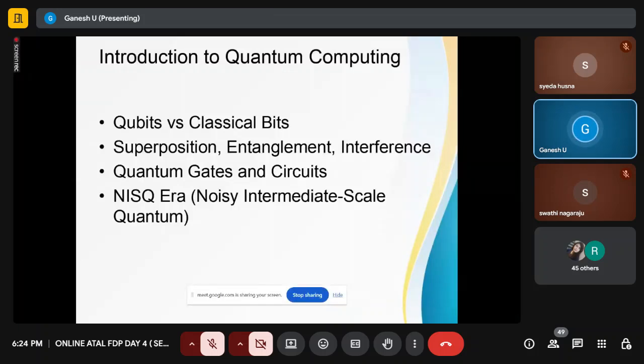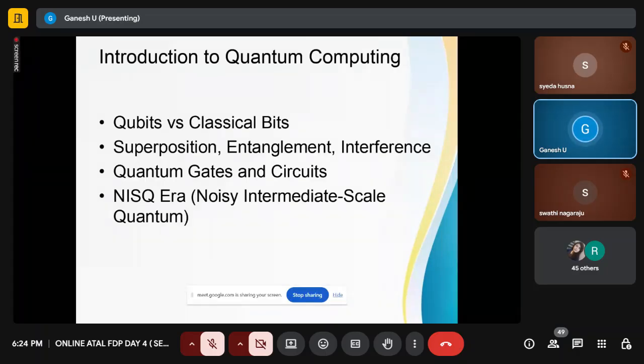Here in quantum computing, we use quantum gates and quantum circuits. These principles are very important because quantum computing is mainly meant for speed. The advantage we get comes from implementing these properties, quantum gates and circuits.